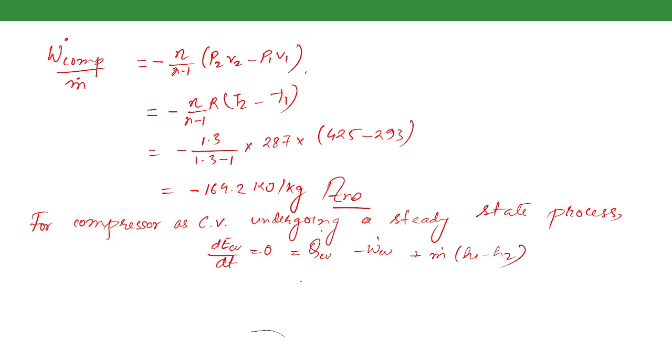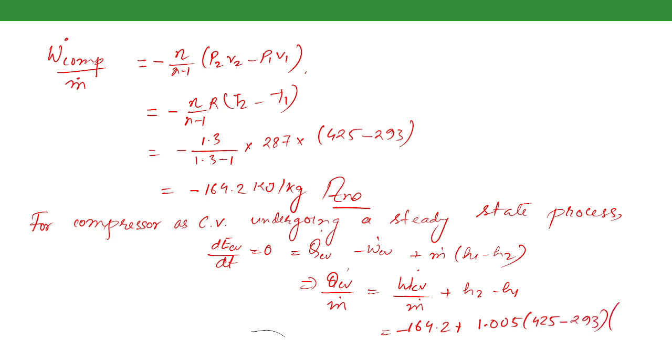So this gives Q control volume per unit mass equal to W control volume per unit mass plus h2 minus h1. So this can be written as minus 164.2 plus (h2 minus h1), and h2 minus h1 can be written as Cp, 1.005, times (425 minus 293).